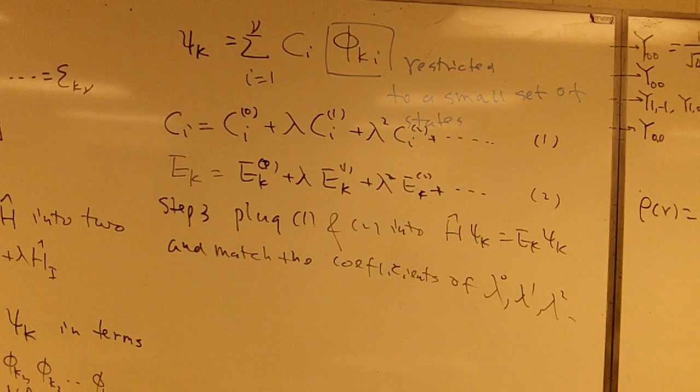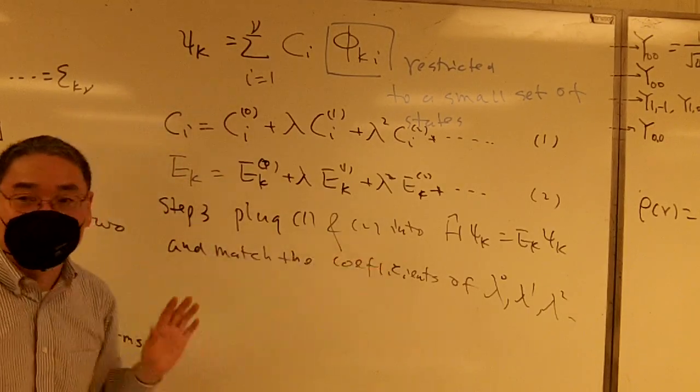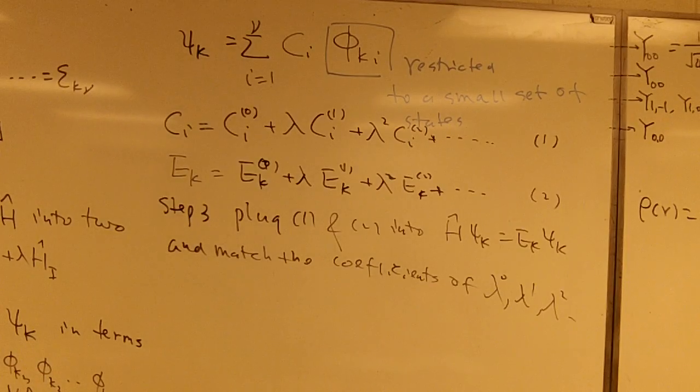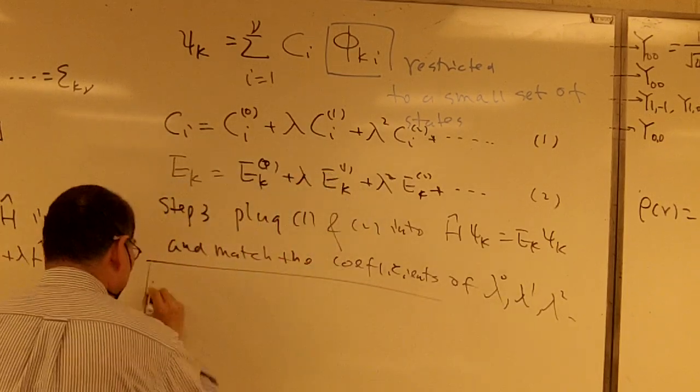So again, split the Hamiltonian, expand the wave function in terms of these states, and restrict to that. That's the key difference. Then expand the coefficients, plug these two into that equation and match both sides. That's it, there's nothing more to learn. Before I let you read the book, I want to show you the key message here.